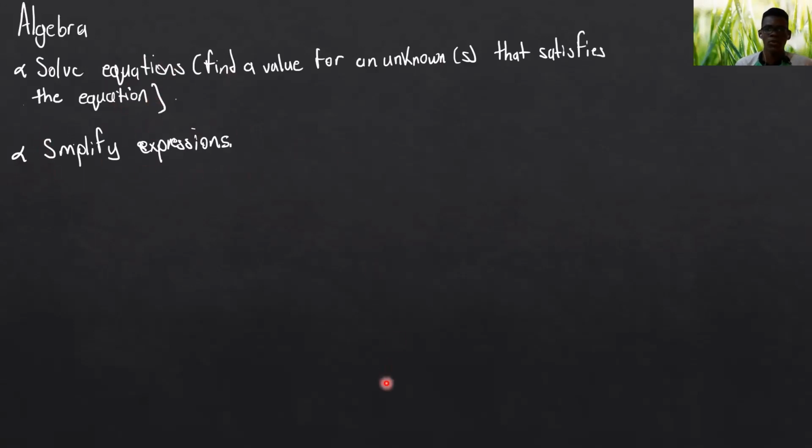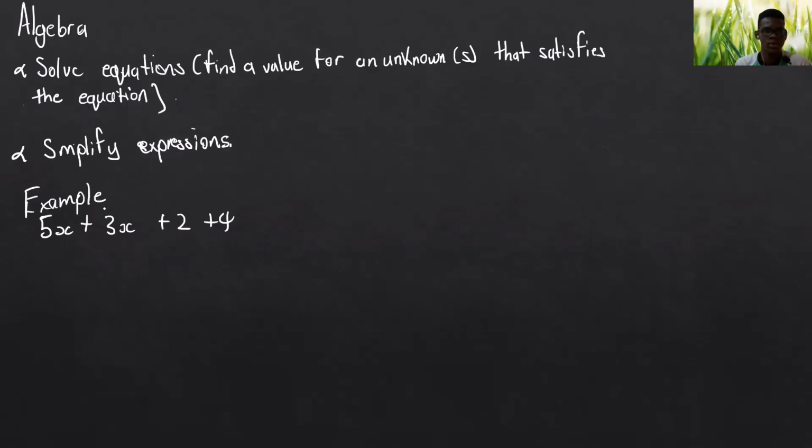So if you hadn't noticed, when you're looking at an expression, for instance, these long expressions, 5x plus 3x, maybe plus 2 plus 4. This is just a simple example.